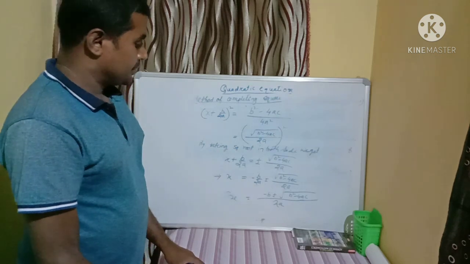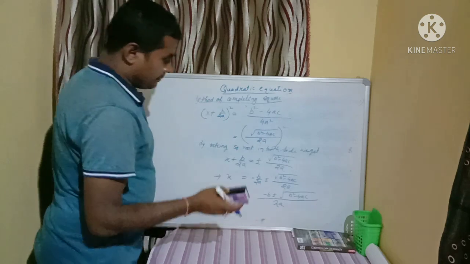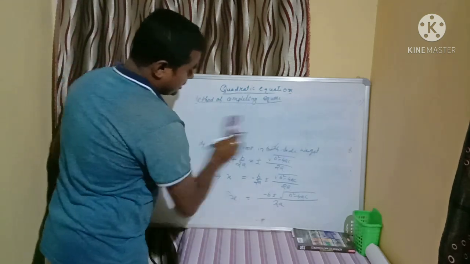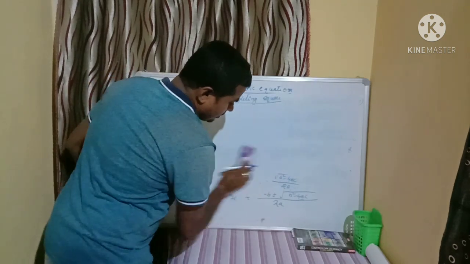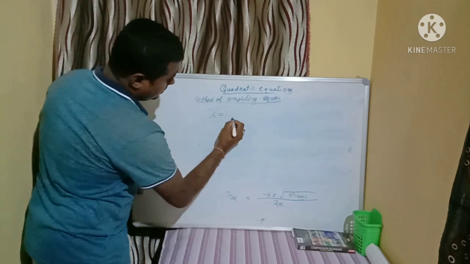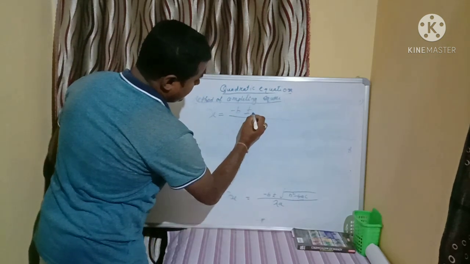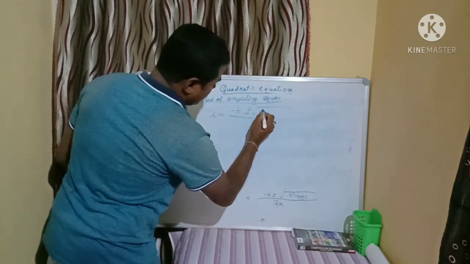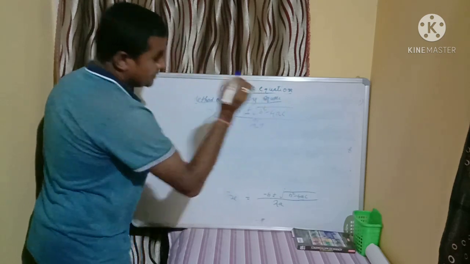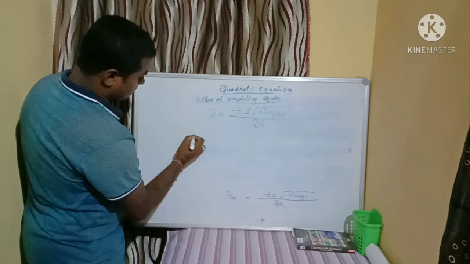So finally we get x equal to minus b plus minus square root b square minus 4ac divided by twice a. Okay, so the roots are, finally what you get, x equal to minus b plus minus square root b square minus 4ac divided by twice a.